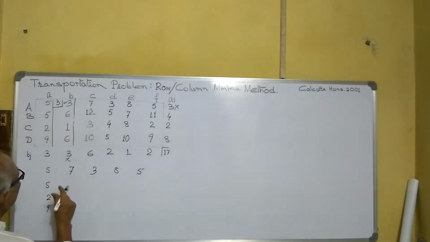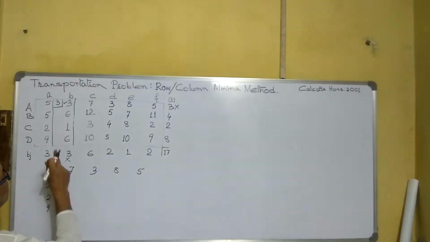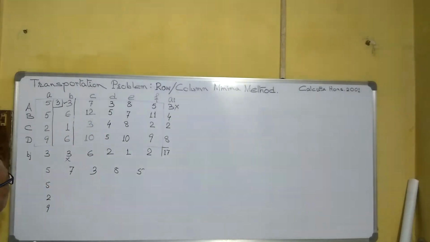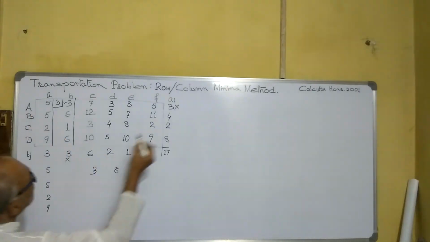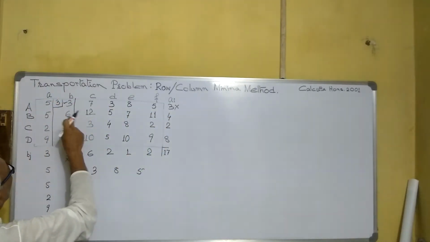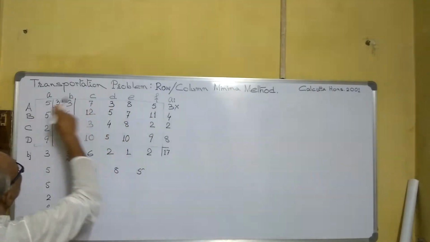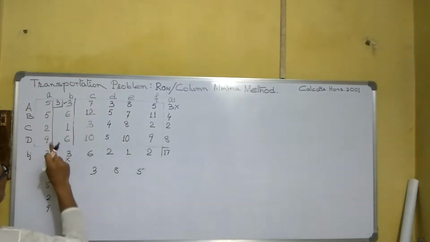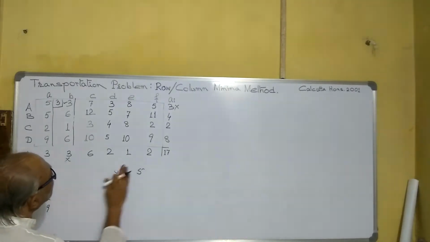Now this column is filled up, so we won't require this column. This row is filled up, this column is filled up. So we need not write this column and row further. So it is 5, this one we can omit.